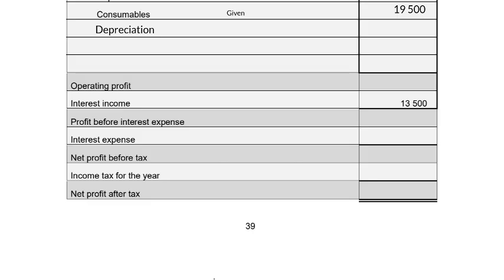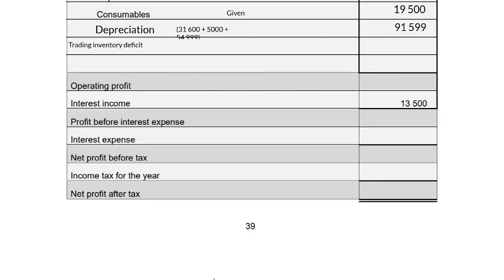Your depreciation for vehicles was 31,600 plus 5,000. Now depreciation on equipment was 54,999. And that will then give us a total of 91,599 Rand.